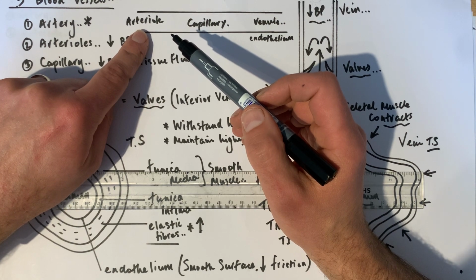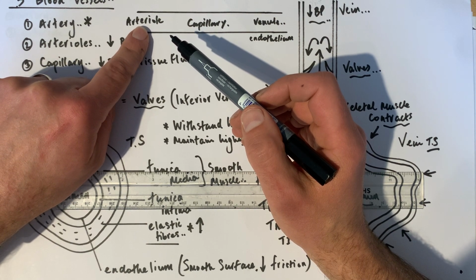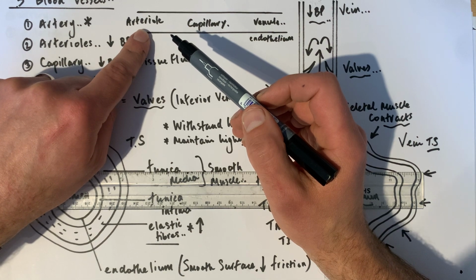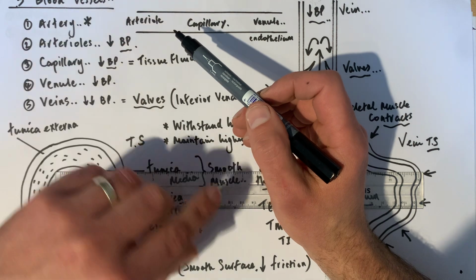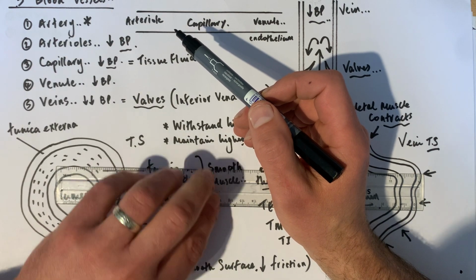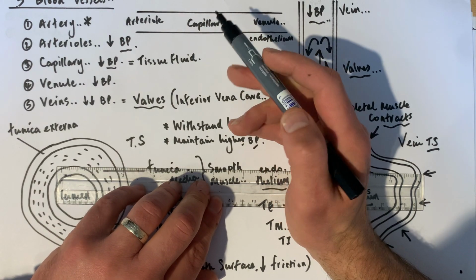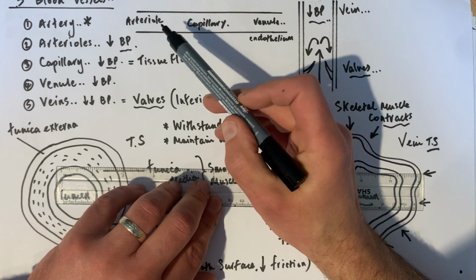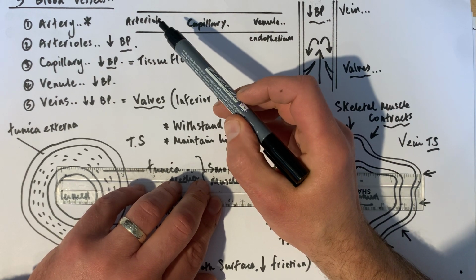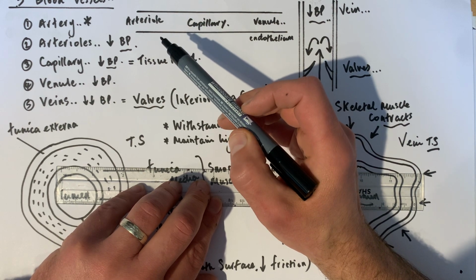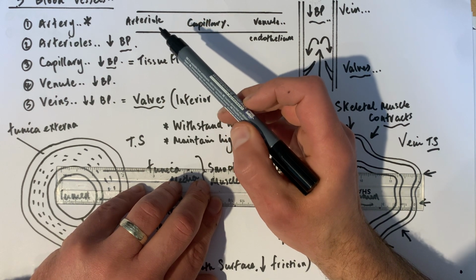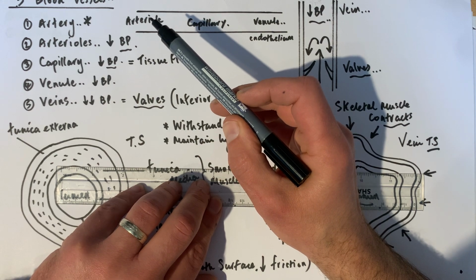So the hydrostatic pressure is a pushing force of the fluid, the blood plasma, against the wall of the capillary. Now, because the blood plasma does have dissolved solutes like glucose and amino acids and ions, it does also have a negative water potential. So the negative water potential actually wants to draw in fluid or water by osmosis, because that's going to be down a water potential gradient to a more negative water potential.